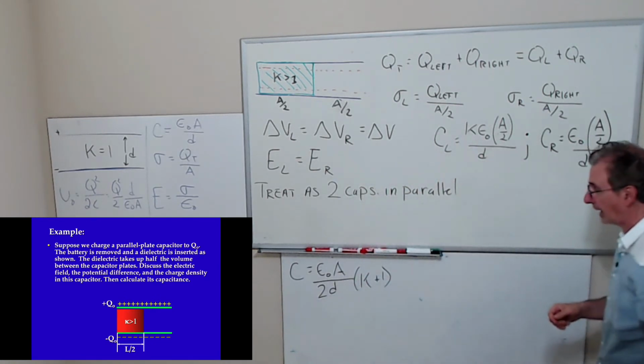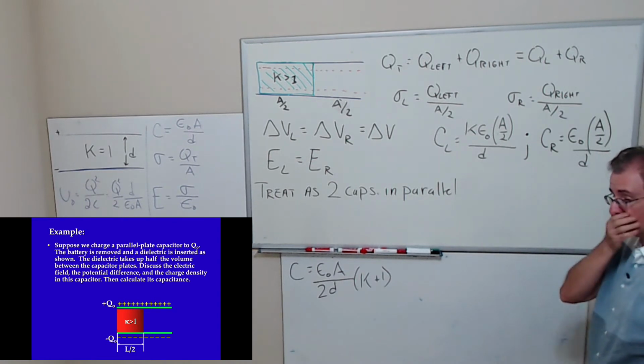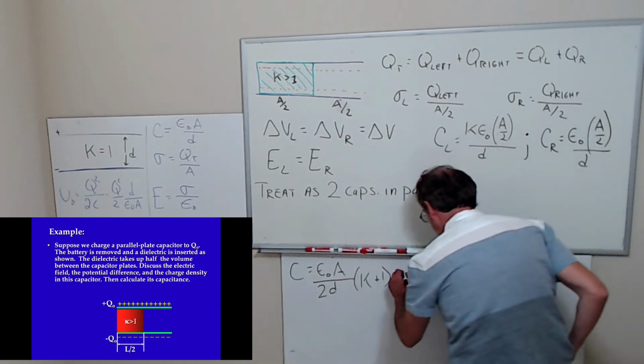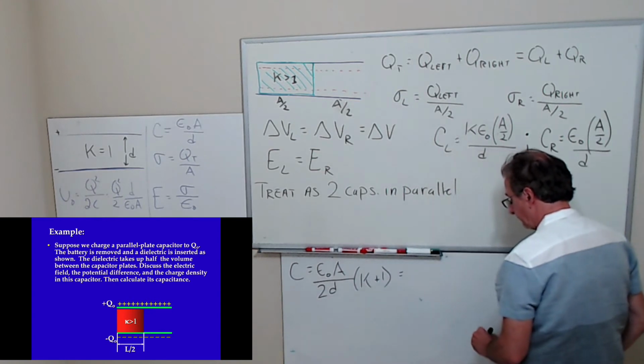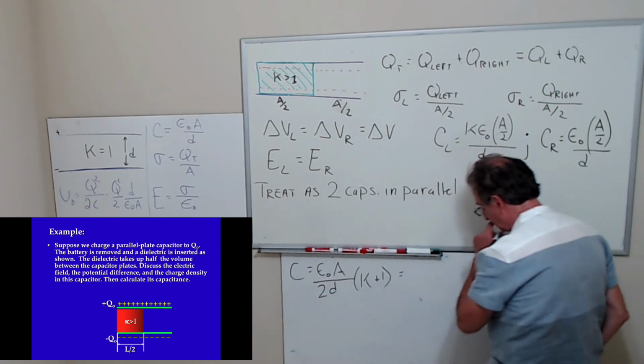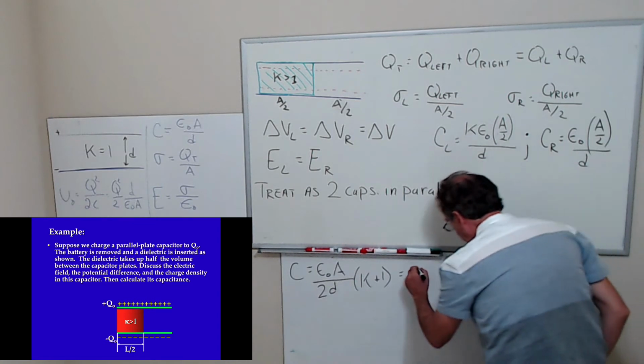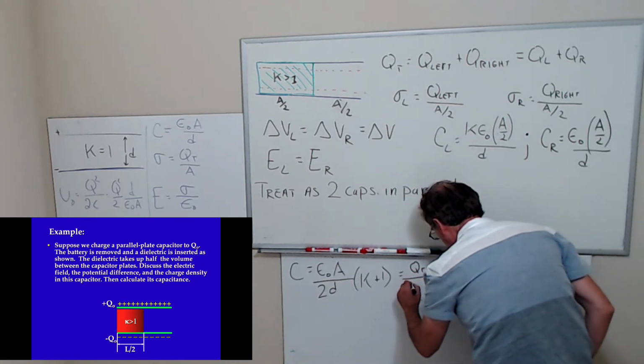That's my total capacitance for the system, which is going to be equal to, well, you can write it as Q total over delta V.